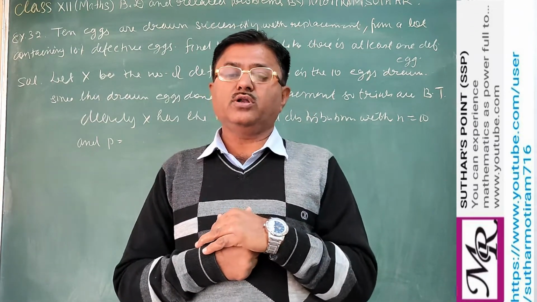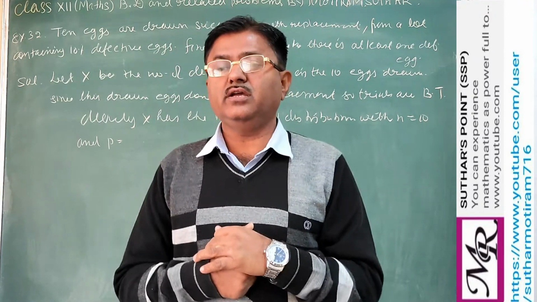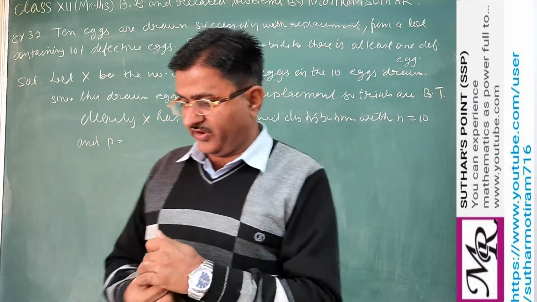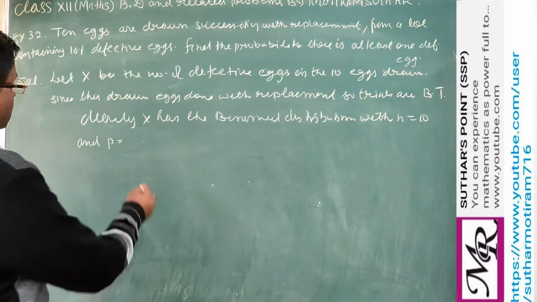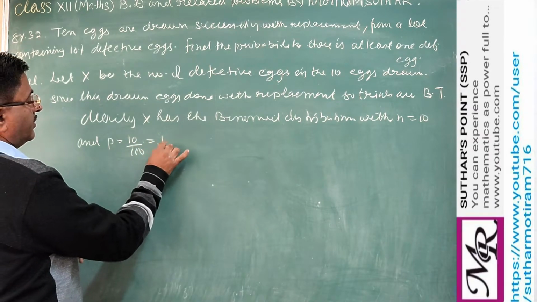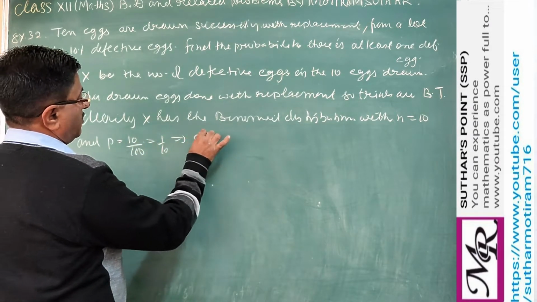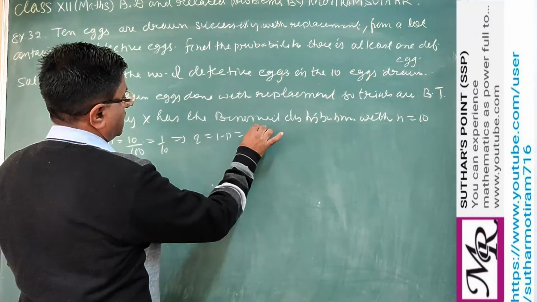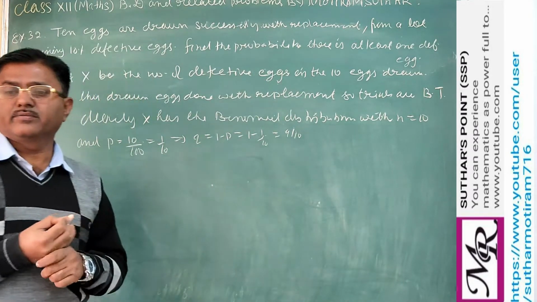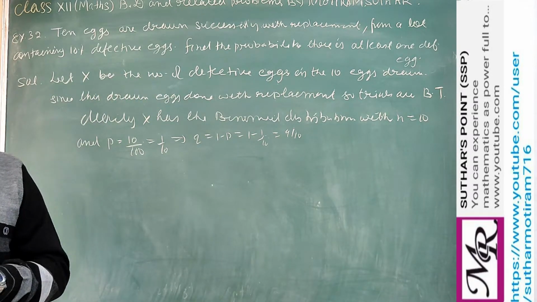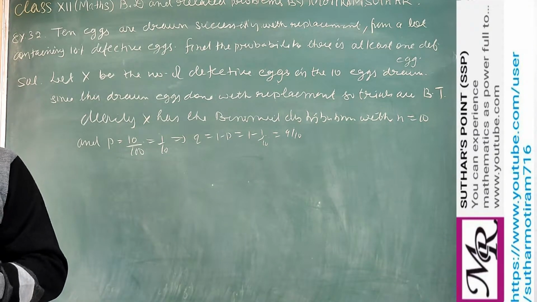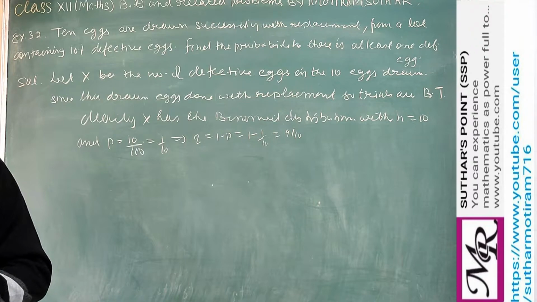So P equal to 10%, that means 10 by 100, that is 1 by 10. Then q will be 1 minus p, that is 9 by 10. Correct? So in this way we find the probability of success and the probability of failure.